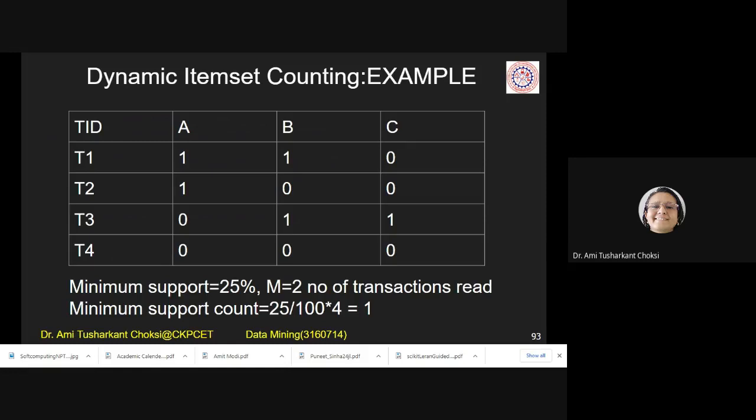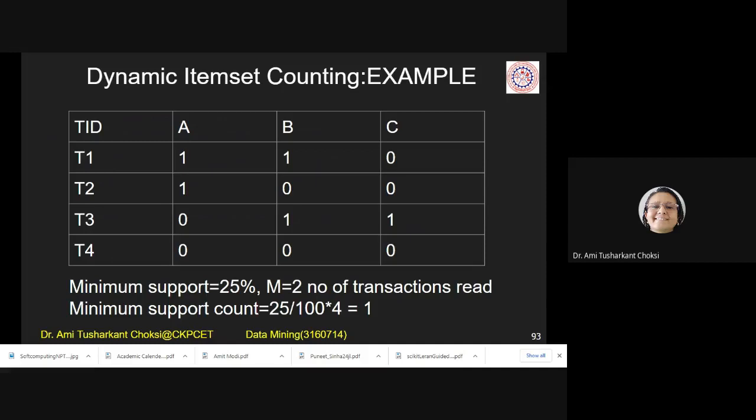It only conveys that when this is 1, item A is there in transaction T1. So T1 has A comma B, because A has 1 and B also has 1. T2 has only A, and T3 has B and C.